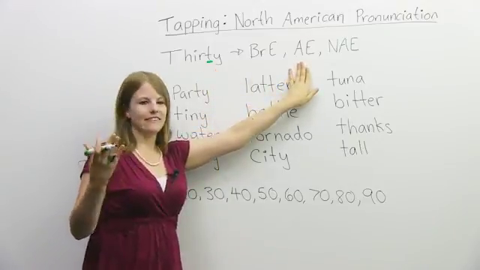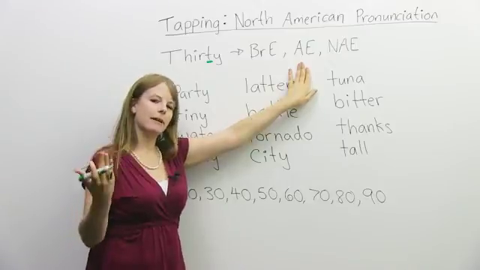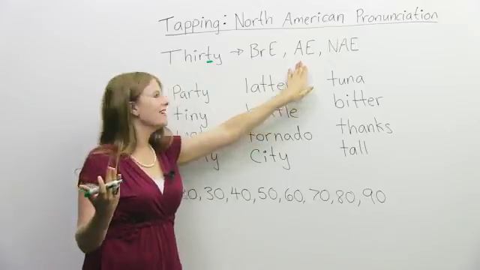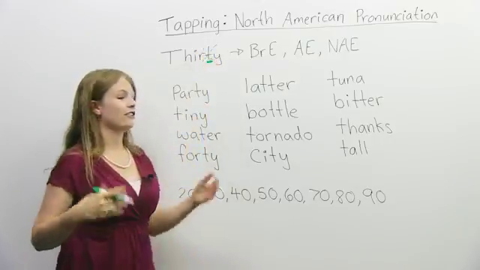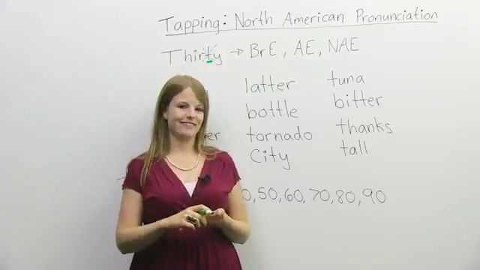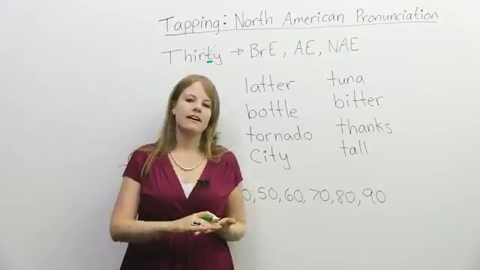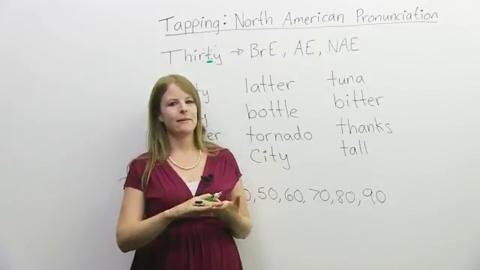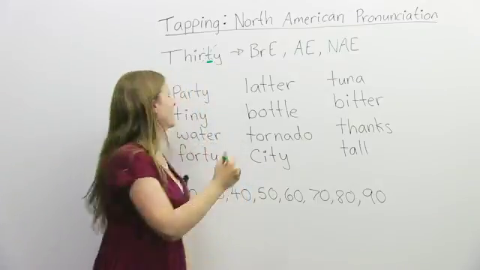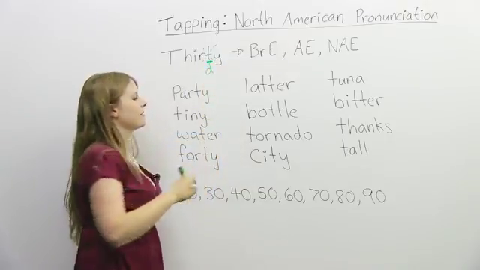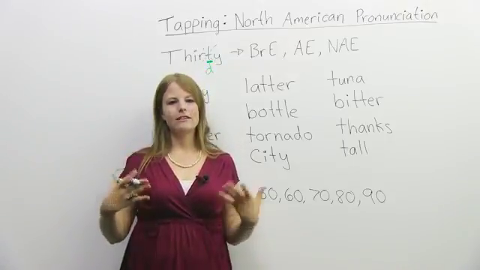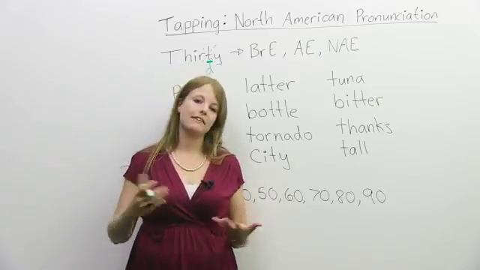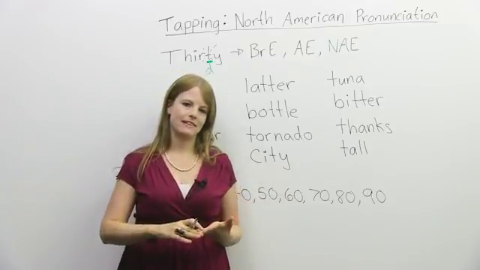In some British Englishes, and sometimes Australian Englishes, they actually get rid of the T. It's like it doesn't even exist. In North American English, oftentimes we pronounce T's like D's. So you would hear 30, okay? So this is one of the main differences between many different Englishes, how we pronounce our T's.